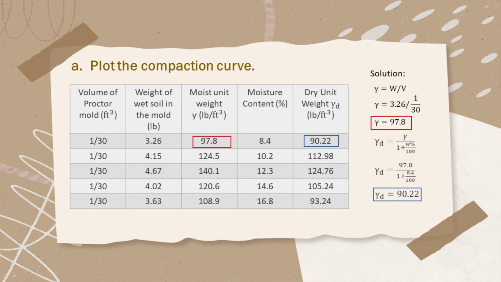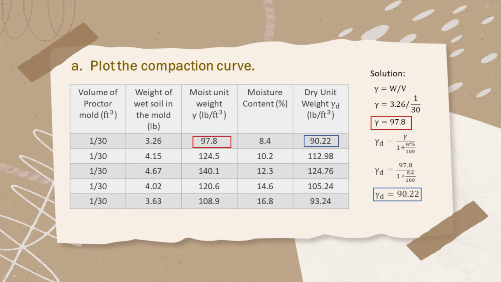For a weight of 3.26, that is 97.8 over 1 plus 8.4 over 100, and that will be equal to 90.22.